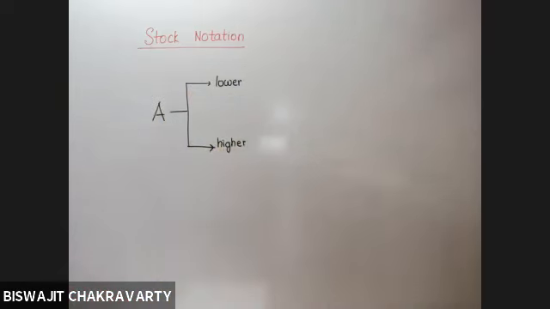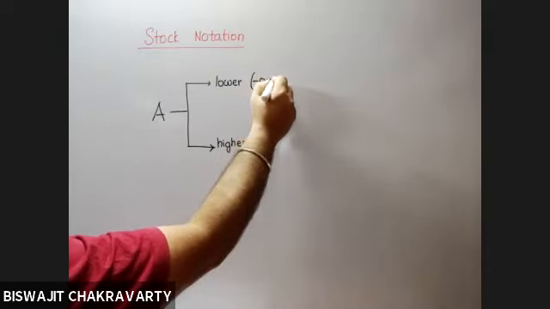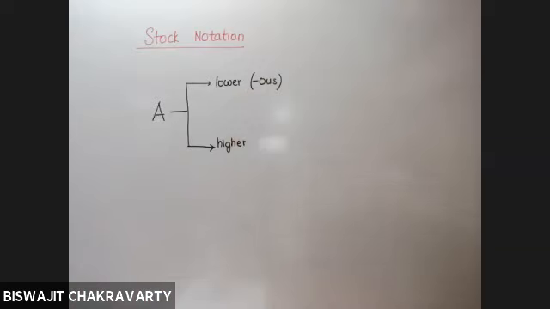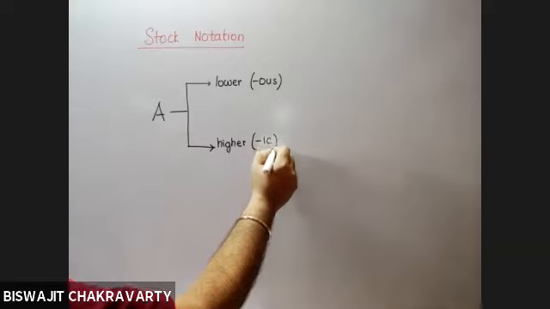Previously, for lower oxidation state, we used to use the term -ous, and for higher oxidation state, we used -ic.